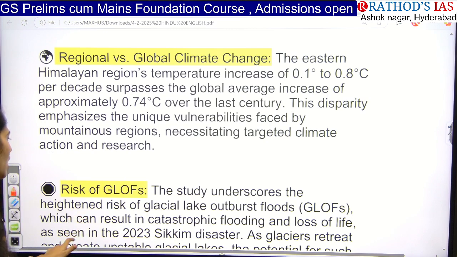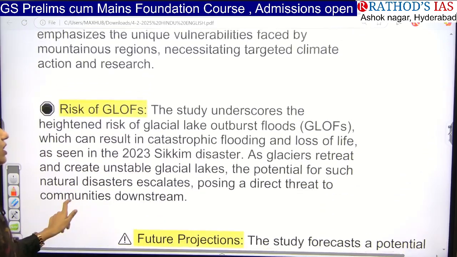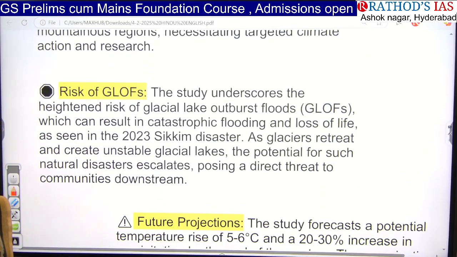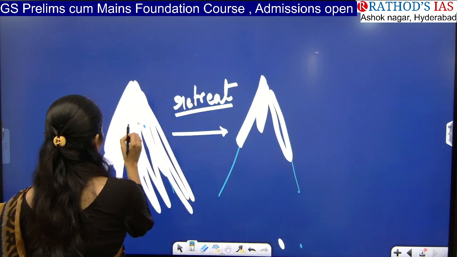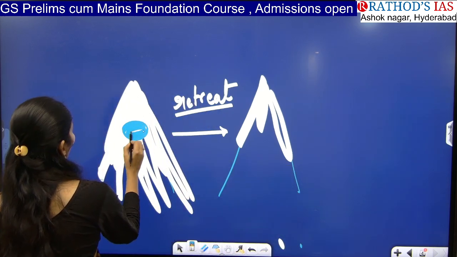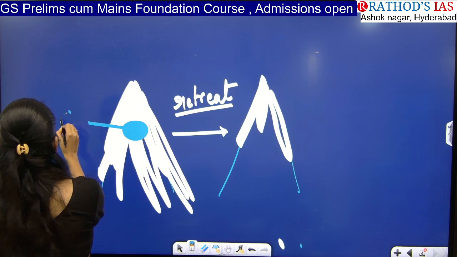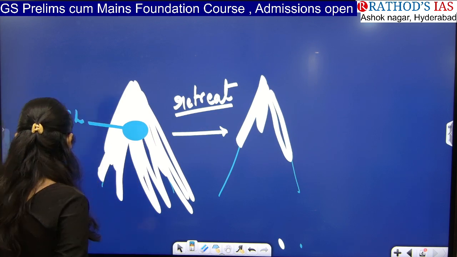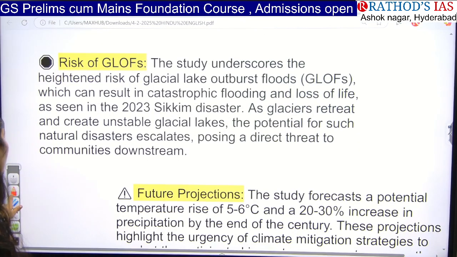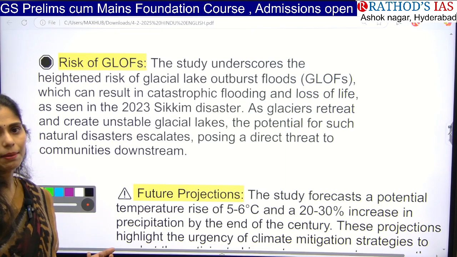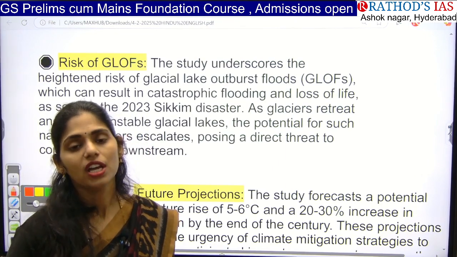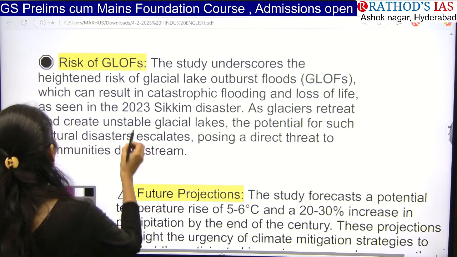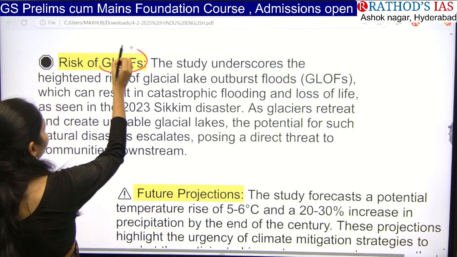this region. And next, this article is also saying that whenever there is melting of glaciers, it can form a lake that is called a glacial lake. So there will be an increase of glacial lakes. Whenever a glacial lake forms, if the capacity of that lake keeps increasing, that will lead to glacial lake outburst floods.